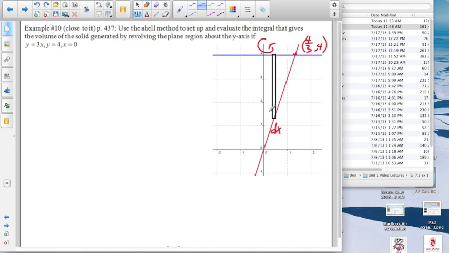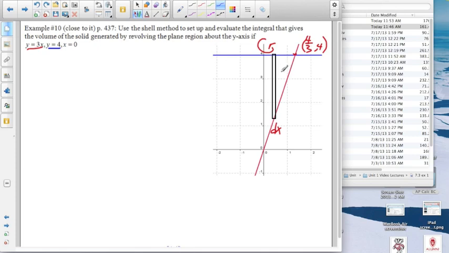But the height here is going to be, well, let's see, the top of the rectangle is up here at 4, and the bottom of the rectangle changes depending upon its location along this line. So we have to take 4 and subtract this. And this happens to be 3x, the function that's in red here, which is this oblique line, and of course the function that's in blue is the horizontal line.